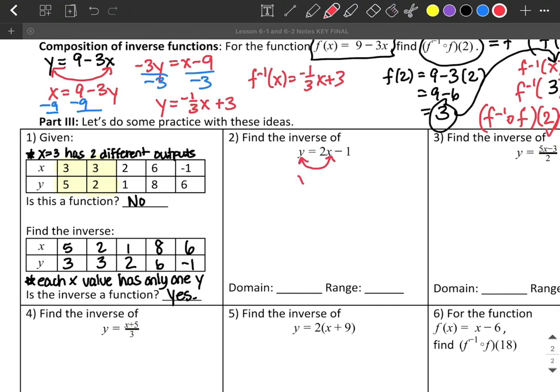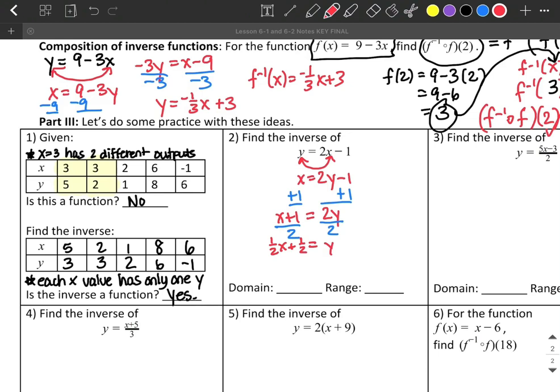That gives me x is equal to 2y minus 1. Then I'm going to solve for y, get y by itself because it's my output. So I'm going to add 1 on both sides. That gives me 2y is equal to x plus 1. I'm going to get y by itself by dividing by 2, and that gives me y is equal to 1/2 x plus 1/2.